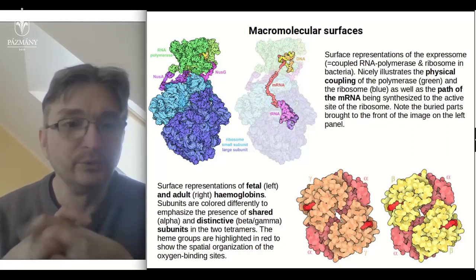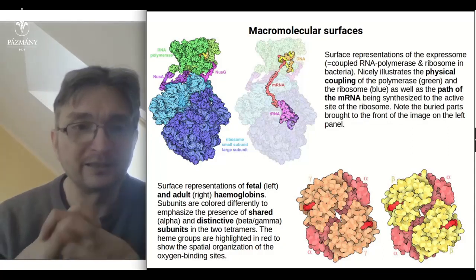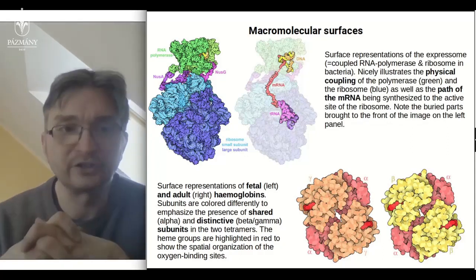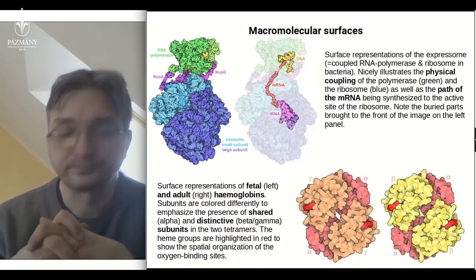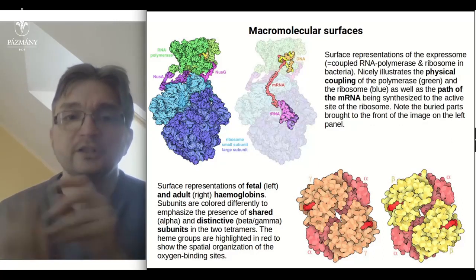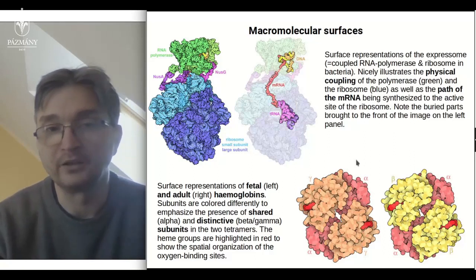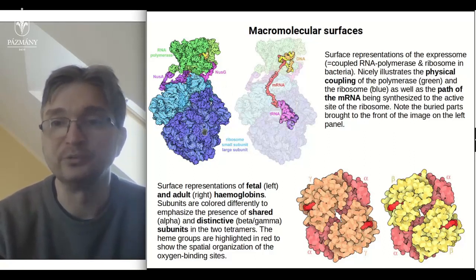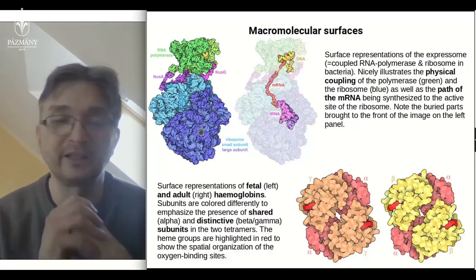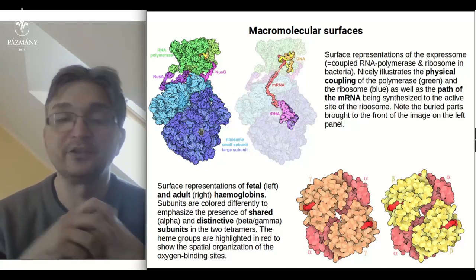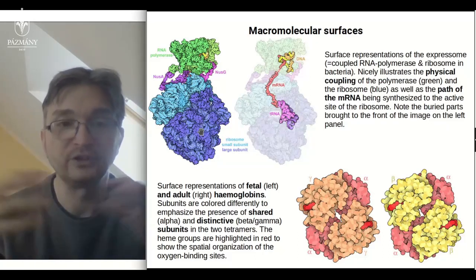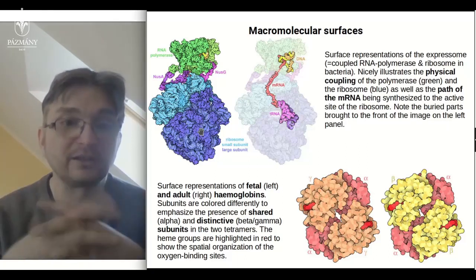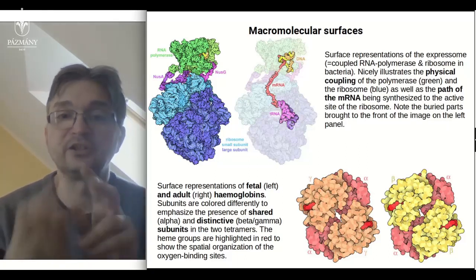Surfaces can be used to highlight other functional features. So here this is the surface of the expressome. The expressome is basically the coupled RNA polymerase and ribosome in bacteria, which are usually or can be in physical contact with each other.